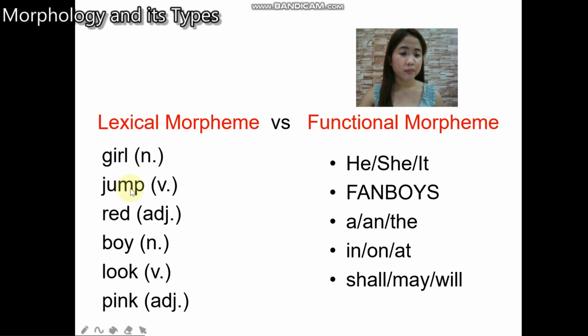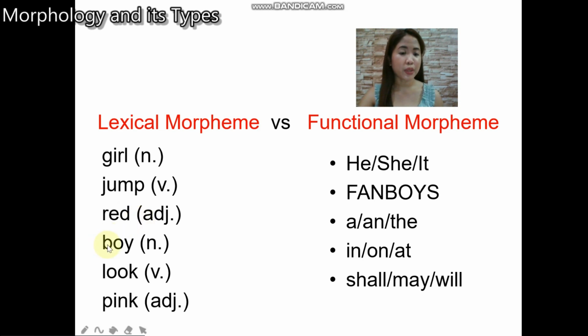For the word jump, if we try to add another morpheme to this word, it may be jumps, jumped, or even jumping. For the word red, which functions as an adjective, if we add another morpheme in the ish form, it can become reddish, which also functions as an adjective.